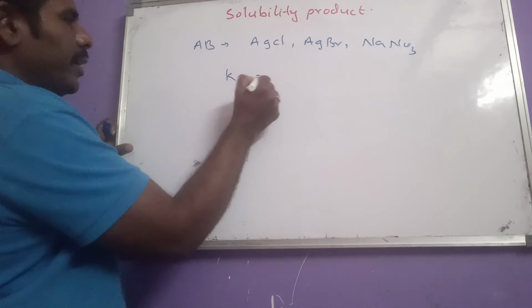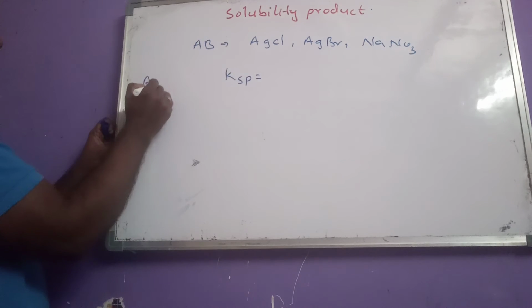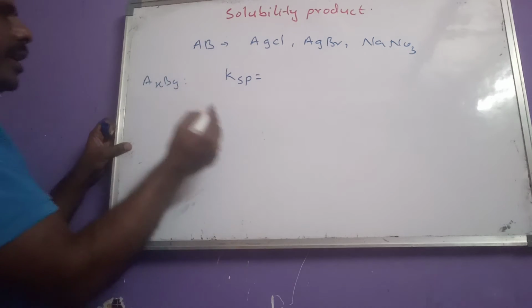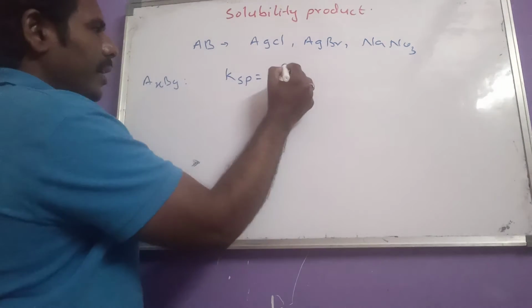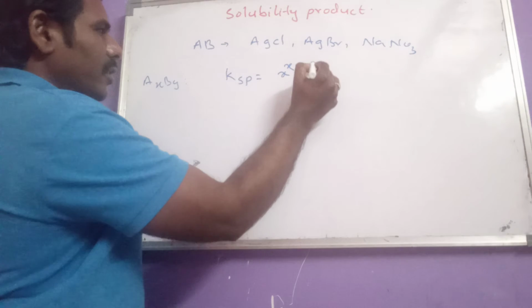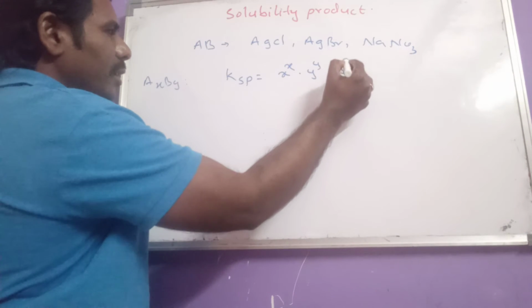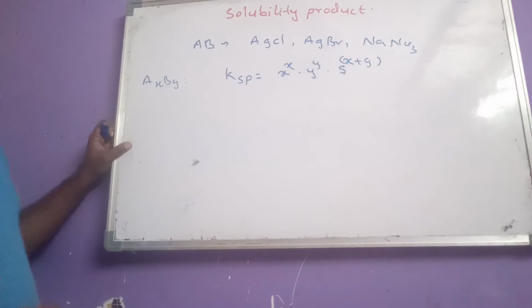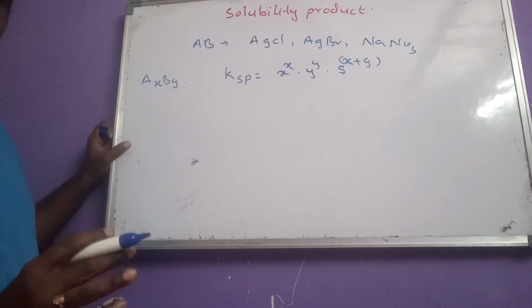For KSP, first let us see the AxBy type of salt. For this, the KSP formula is x power x into y power y into s power x plus y, where S is solubility.